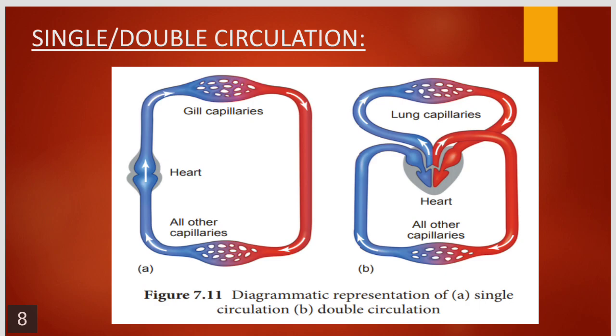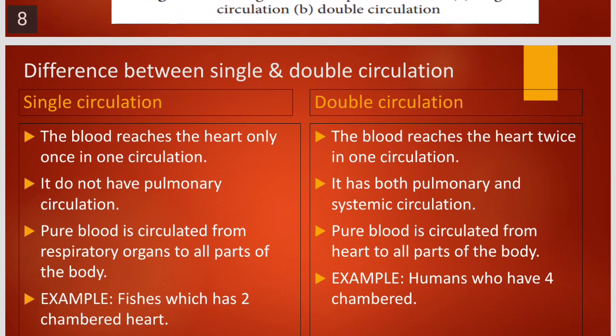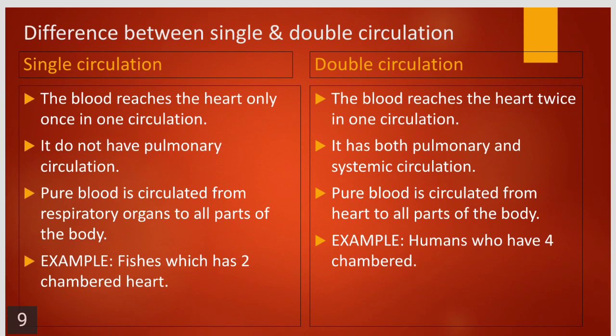The blue color is deoxygenated blood received by the heart and pumped to the lungs by the pulmonary artery, and from the lungs the red color blood comes by the pulmonary vein to the heart, and from the heart it is pumped through the aorta to all parts of the body. So double circulation means the blood is received by the heart 2 times.